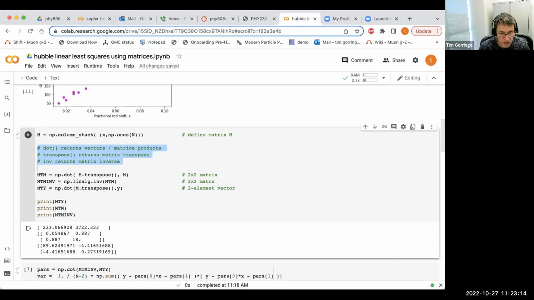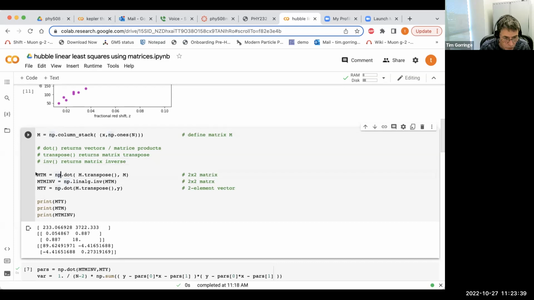You'll see downstairs here, transpose. So I need the transpose of the matrix. And so I'm calling a NumPy function that calculates the transpose of the matrix. And also you'll see downstairs inverse. I need the inverse of a matrix. And so I'm using, again, a NumPy function that allows us to calculate the inverse of a matrix.